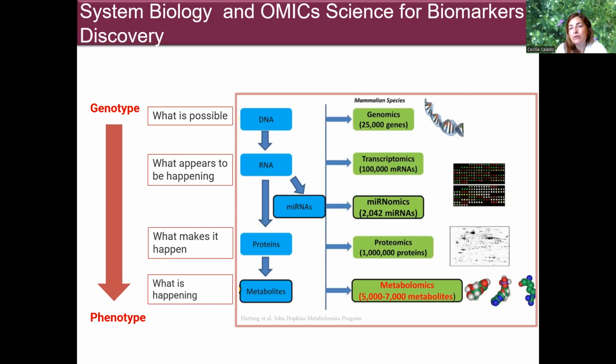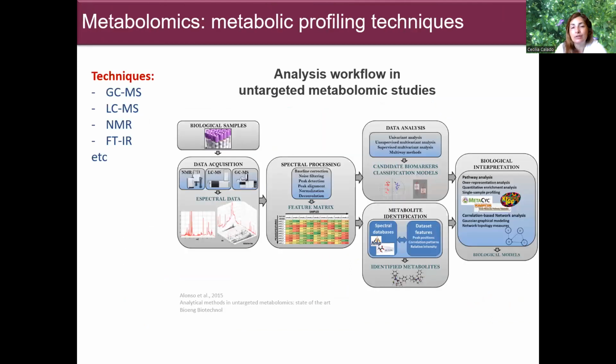So I focus my research on metabolomics mostly. So looking at that, what kind of techniques exist to analyze the metabolites in a system, what the system is conducting. Well, the whole flow of a metabolomic analysis is highly complex.